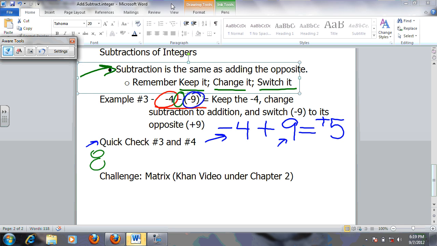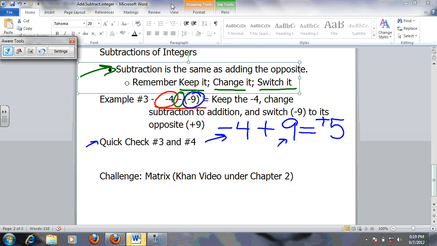8 minus -4. Change it to addition. Keep the 8, change subtraction to addition, and switch the sign of -4 to +4. 8 plus 4 equals 12. Let's try one more.